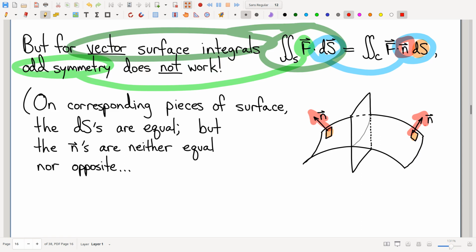Crash and burn. There is no odd symmetry theorem for vector surface integrals. So do be careful with that. Please don't try to use an odd symmetry theorem on a vector surface integral. Makes no sense. And to be clear here then, big X there. Yeah. Everybody clear on that warning?